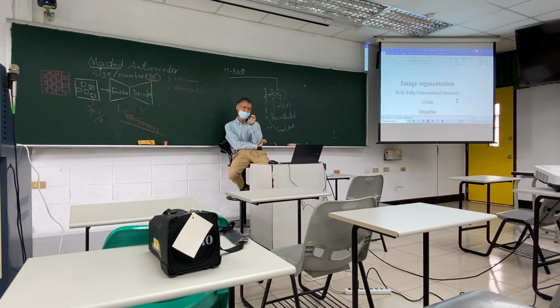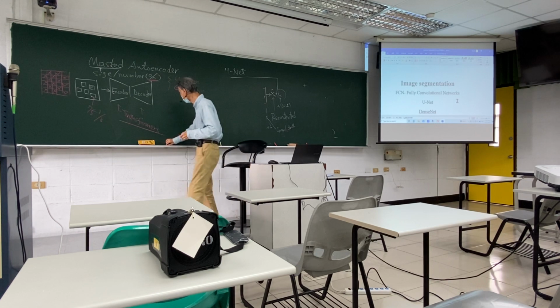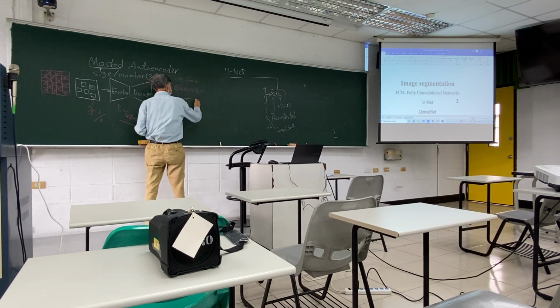But the only thing you need to take care of is how to do the labeling. And pixel-wise labeling. When I say pixel-wise, because we talk about segmentation, it means you need to mark, for example, where is the pedestrian, right?